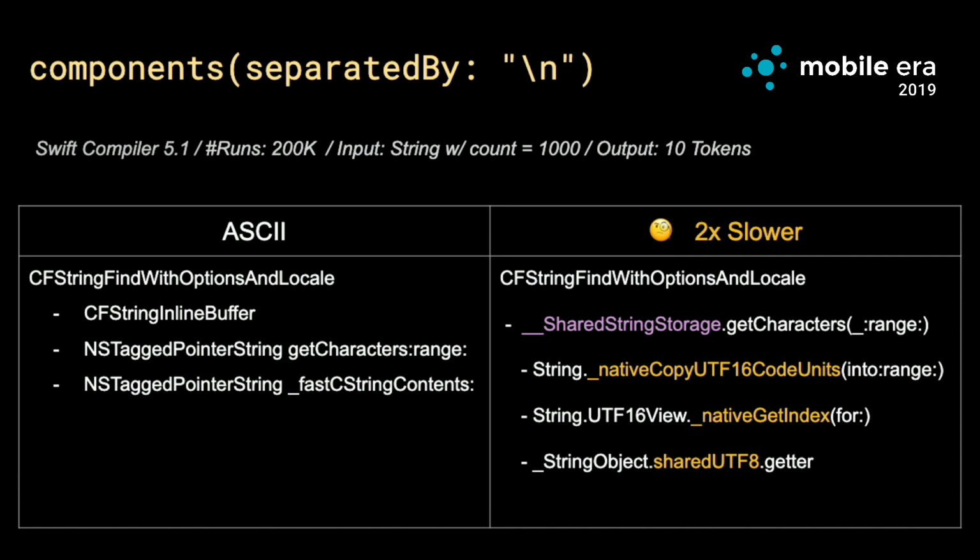It first performs a runtime check to see what the backing class is for the input string. When the input contains a non-ASCII character, even one emoji, it uses what's called shared string storage, a type used for large strings which don't have fast access to contiguous UTF-8 code units. It creates a buffer, then copies UTF-16 contents into it, which involves transcoding from UTF-8 to UTF-16, and that involves a linear walk.